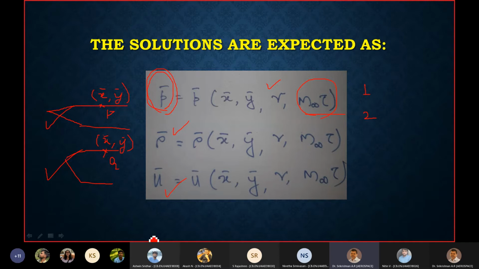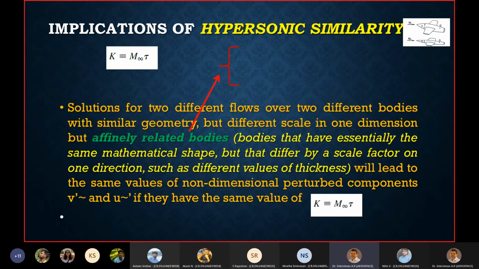And this is the statement of hypersonic similarity.